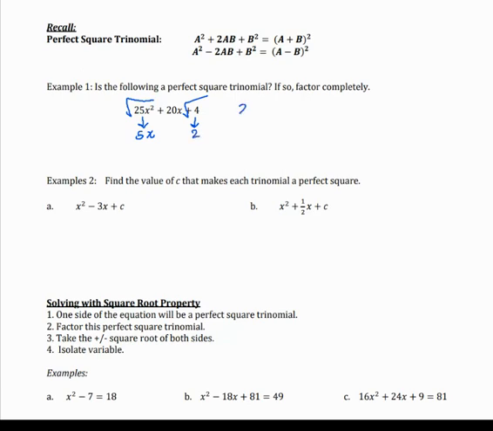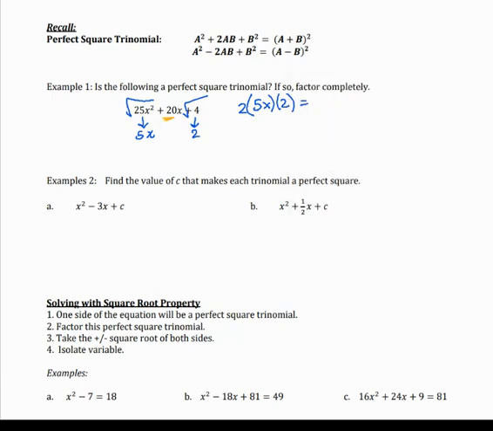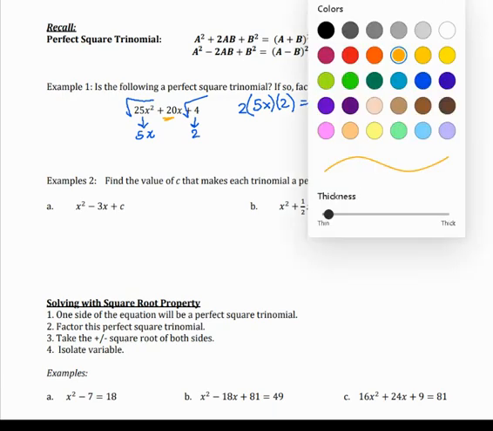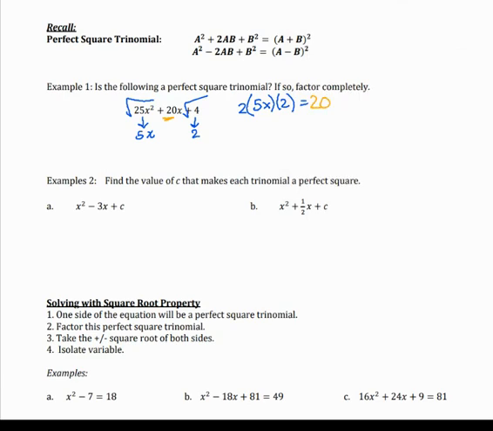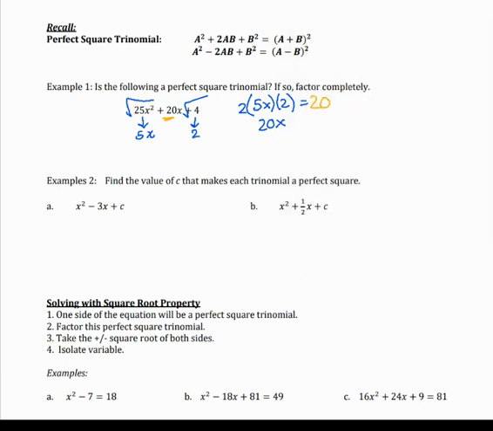Now, is twice 5x times 2 equaling that middle term of 20x? That's what we have to determine. If we do that out, we have 4 times 5x, which is 20x. I apologize, I forgot the x over here. So they do equal each other, so we know that, yes, this is a perfect square trinomial.